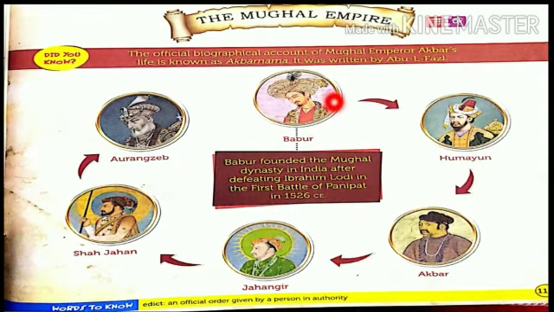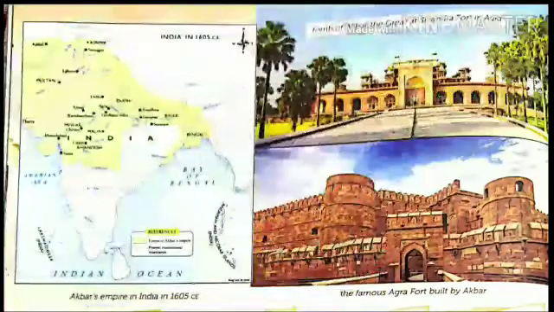After Babur, Humayun. After Humayun, Akbar was the emperor. After Akbar, Jahangir. Then Shah Jahan. Then Aurangzeb. Aurangzeb was the last Mughal emperor in Mughal dynasty. Clear, children?